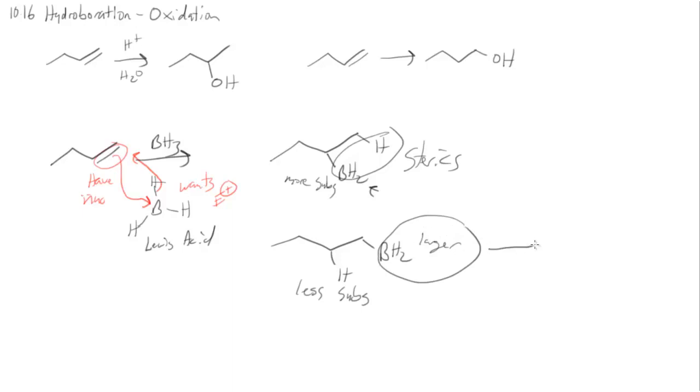Now the second part of this mechanism is not very well understood exactly how it works, but it's hydrogen peroxide and hydroxide. What that does is that it oxidizes off the BH2, replacing it with an OH.